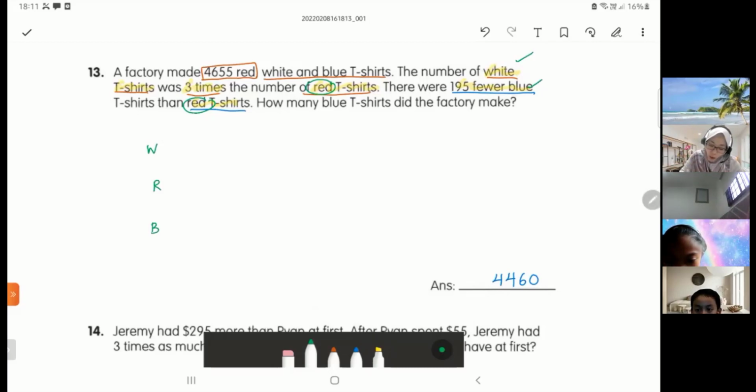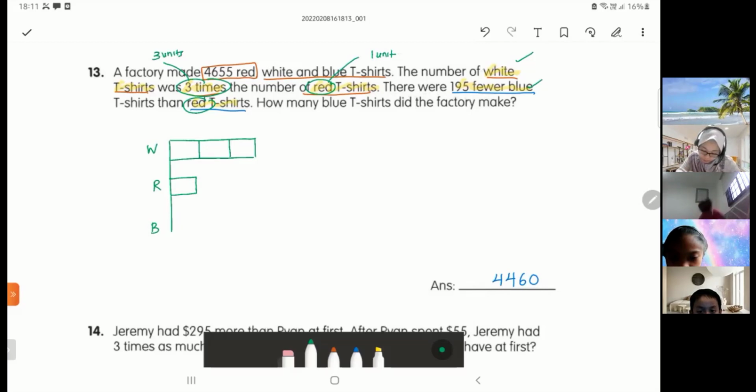Now, if you look at it, white t-shirt is 3 times, which is also known as 3 units. So white is 3 units, as compared to the red, which they never mentioned, so it's always 1 unit. Red is 1 unit. Then there were 195 fewer blue than red t-shirts.